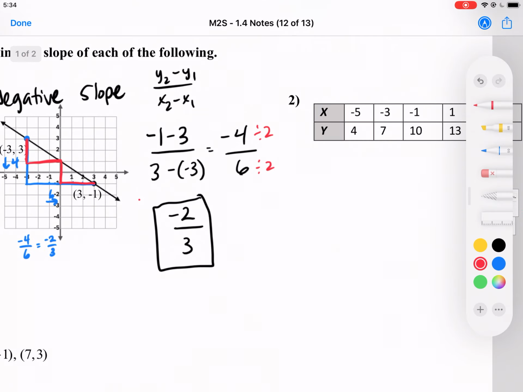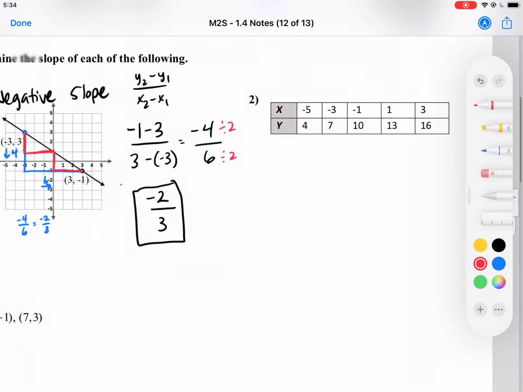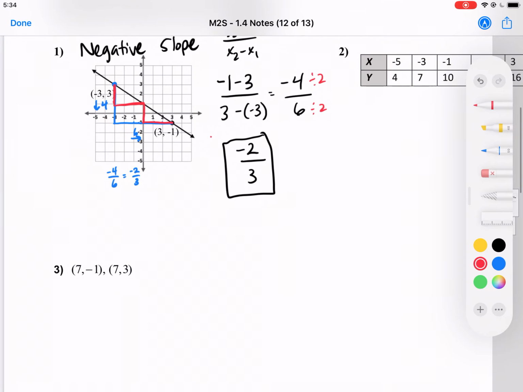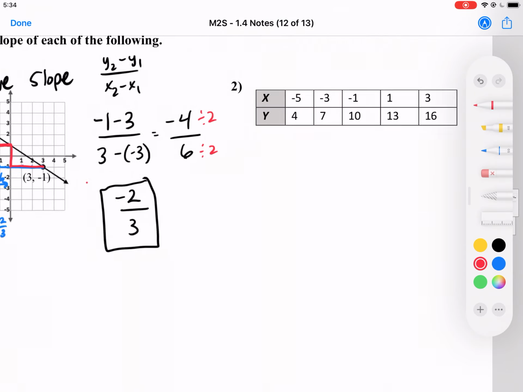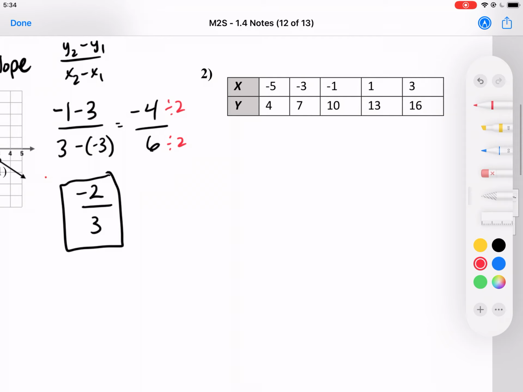But I wanted to show you how to do it with the points, because when you have a table or when you just have points, coordinates, you've got to be able to do it that way as well. So let's practice this next one. One thing that does have to happen is these x values all have to be equidistant. Notice they're all going up by 2. That's pretty important.